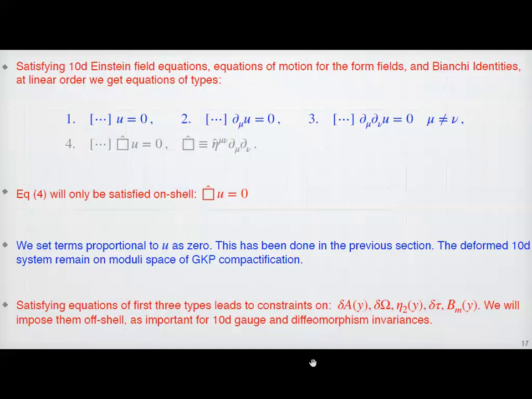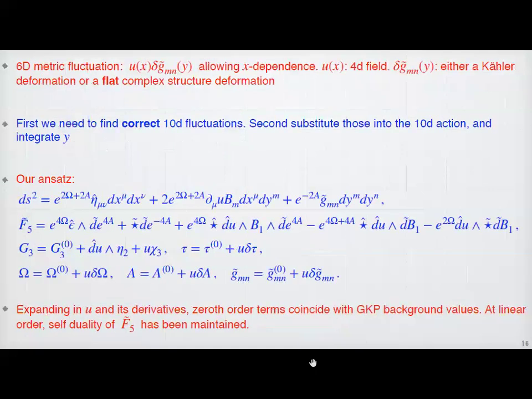Now if you satisfy these, the first three kinds, whatever is written here, these will restrict these functions. So if we restrict this way, then diffeomorphism invariances are maintained, otherwise not. Because once you plug in these fluctuations, to integrate over y, you need to know what the fluctuations are.